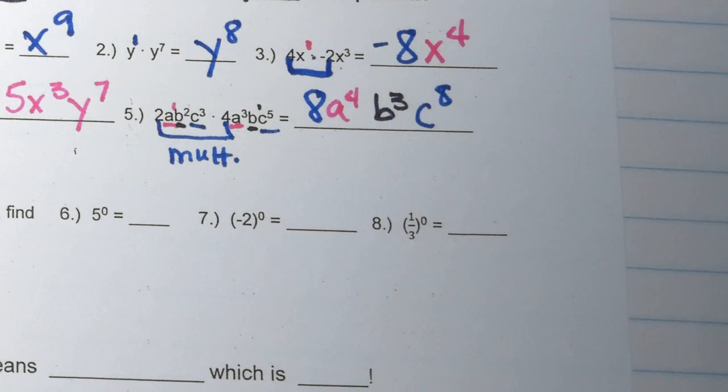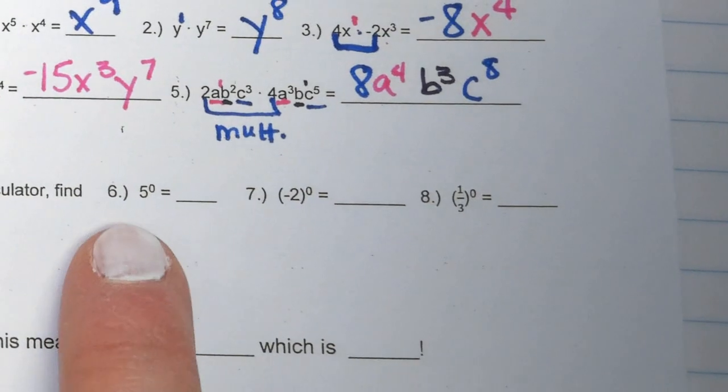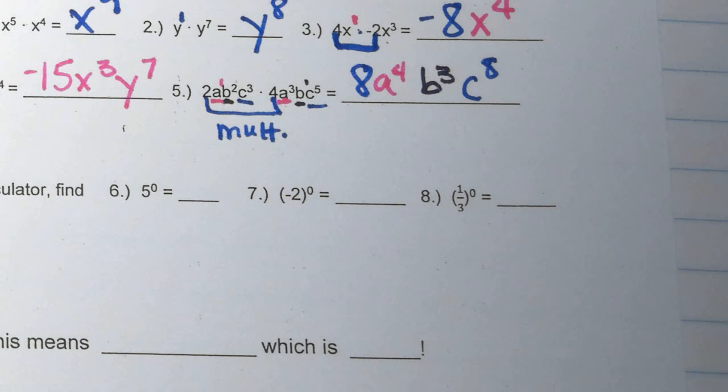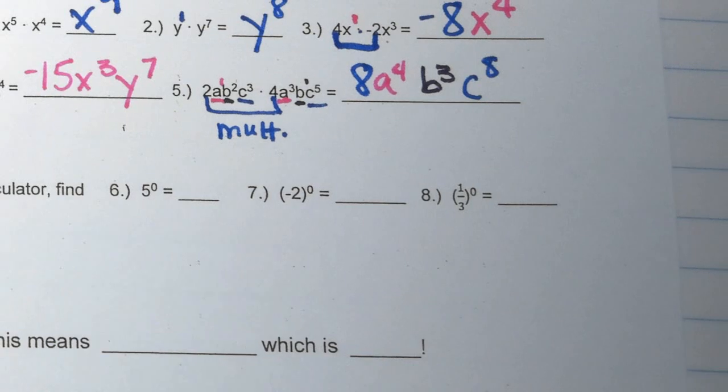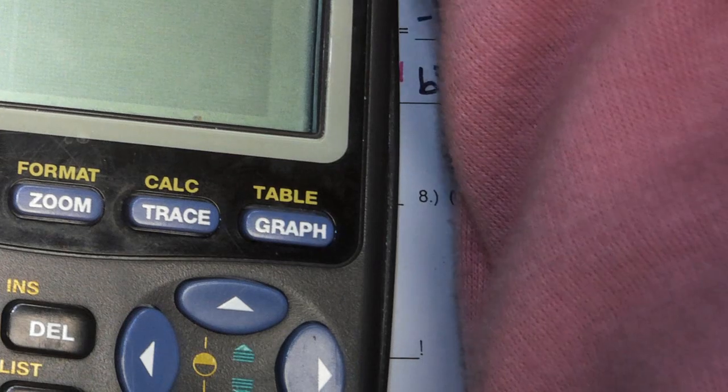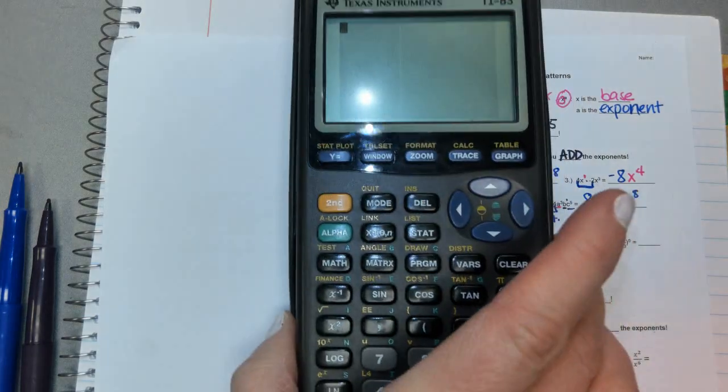Okay, I know you guys don't have your calculators at home, but I'm going to grab one. We're going to figure out a pattern. In math, it's always helpful when there's a pattern that we can see. So let's refresh ourselves on how to put an exponent into the calculator.